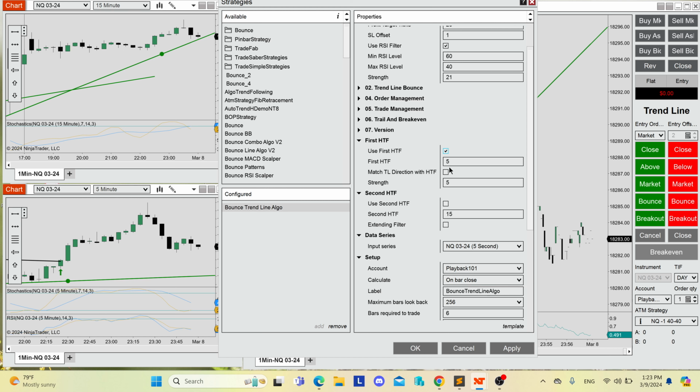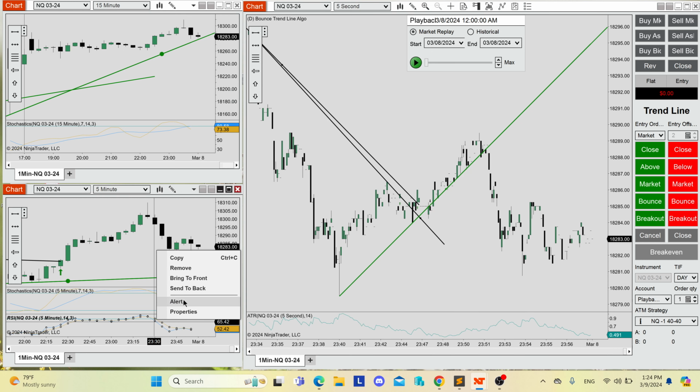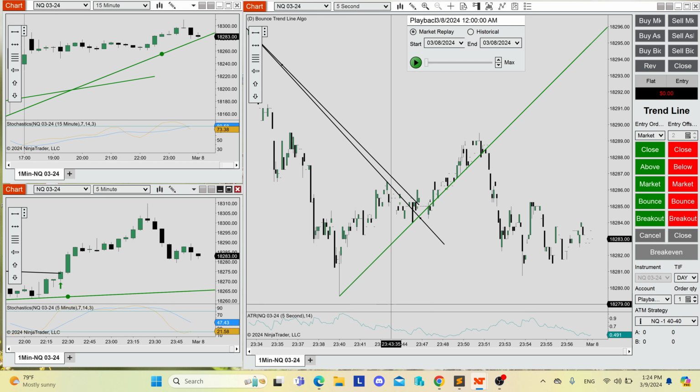Now for the first higher time frame, the conditions are, let me remove this one.